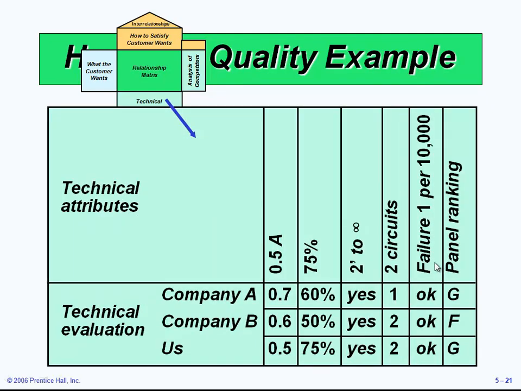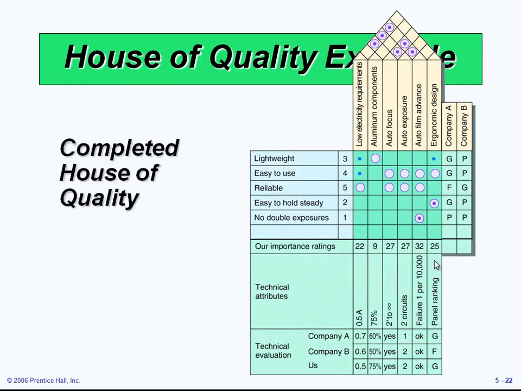Then we need to include the technical attributes of the product and the technical evaluation for your company versus other companies. If we put all that together, then this is the overall picture of the house of quality, and by looking at that, we can identify the product specifications and technical aspects.